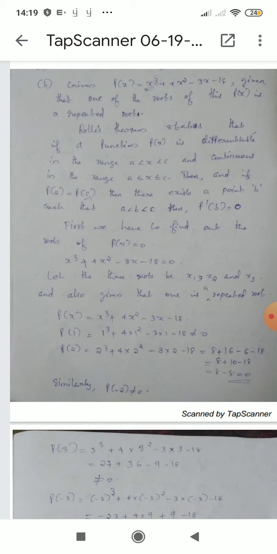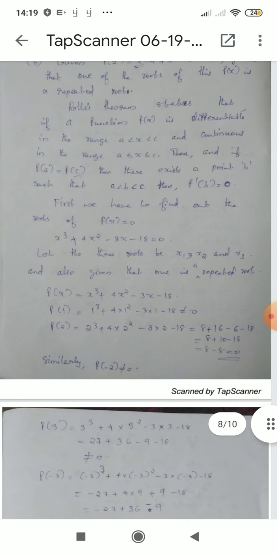But here there is no possibility of these 3 roots becoming distinct, because it is given that one of the roots of this f of x is equal to 0 is repeated. So, either 2 roots are same and the third one is distinct from the first 2.